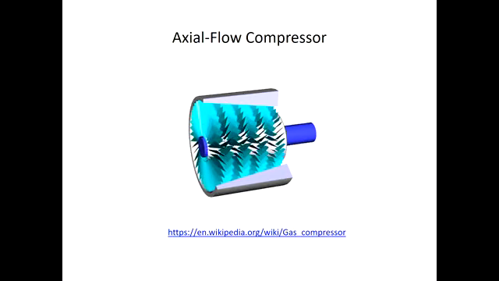One layer of blades rotates, called the rotor, and another layer does not move, called the stator. So rotor, stator, rotor, stator, there are different layers corresponding to different stages of compression. The purpose is to increase the pressure of the gas, and by doing that, the external work is converted to enthalpy of the gas, right?